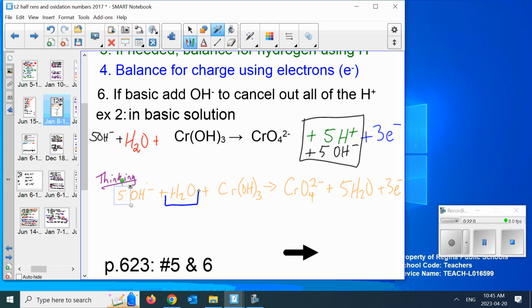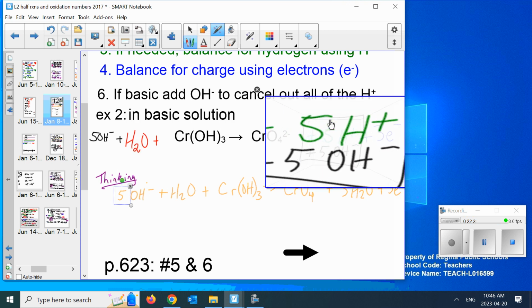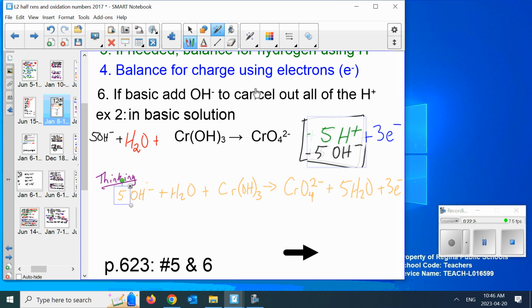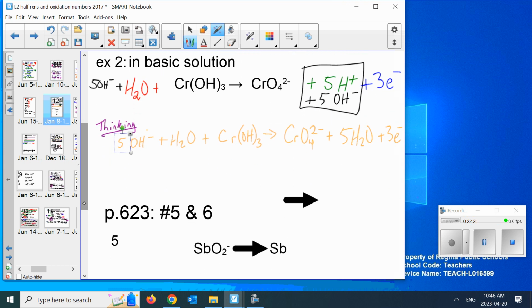Remember, 1 water, 5 waters. Which side has more right now? We're going to leave that there. So, I purposely created 5 waters on the product. On purpose. Those 5 waters. That's what I was thinking.